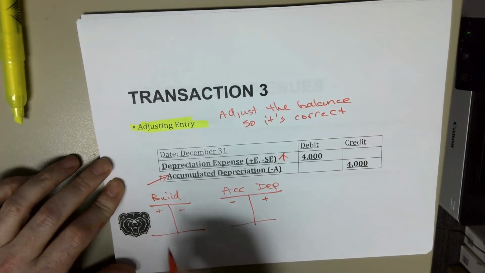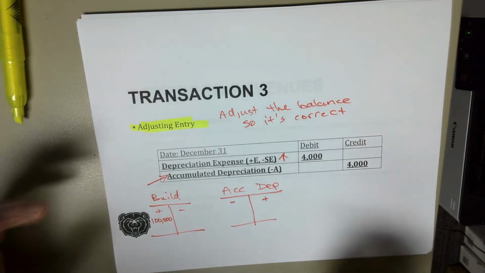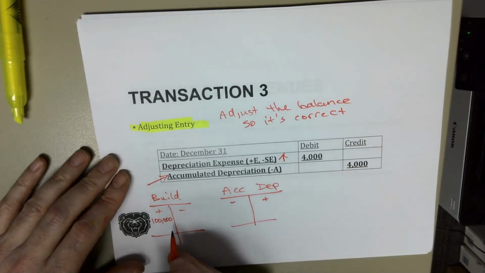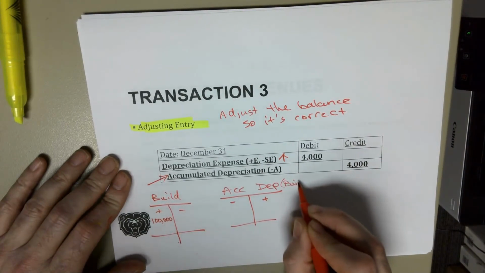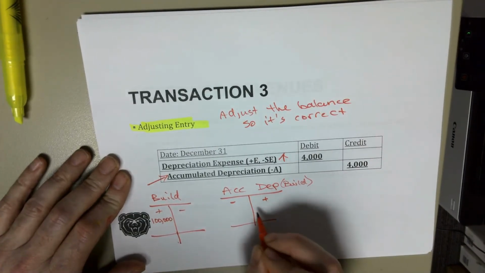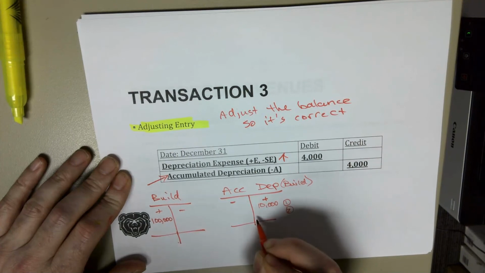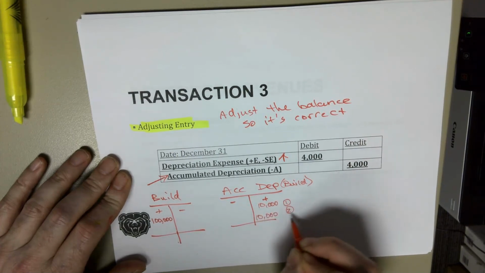It looks like this. Let's say we've got a $100,000 building, and each year we've said it will depreciate by $10,000. So each year, the accumulated depreciation for building increases by $10,000. This is year one, and in year two it's going to increase by another $10,000, and so on.